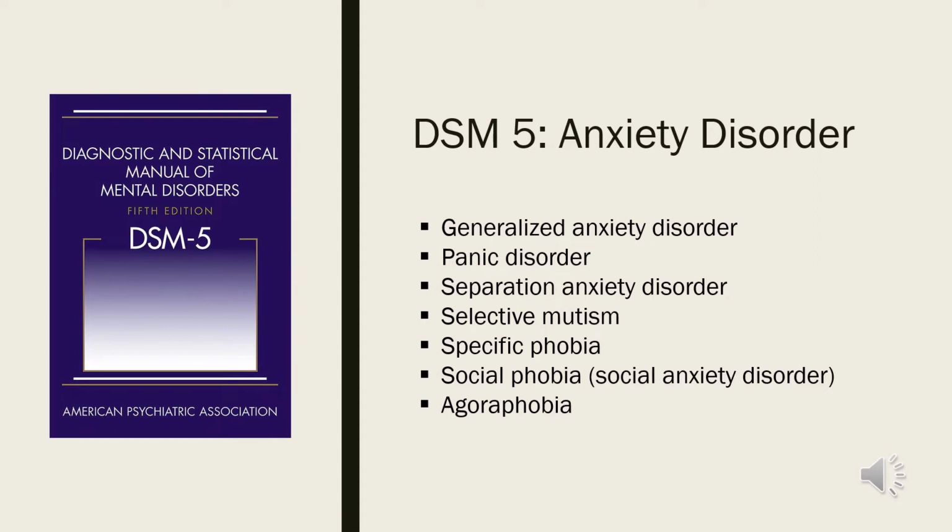In this lecture, I'm going to focus on 3 major anxiety disorders, including generalized anxiety disorder, panic disorder, and social anxiety disorder, which is also called social phobia. If you look under resources, there are some measures that are frequently used to diagnose some of these conditions. So take a look.